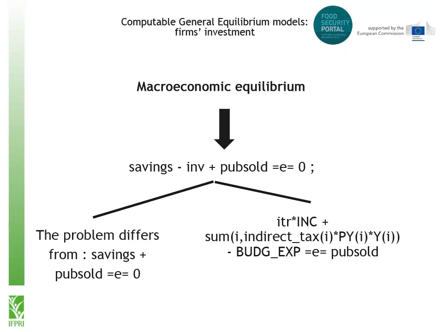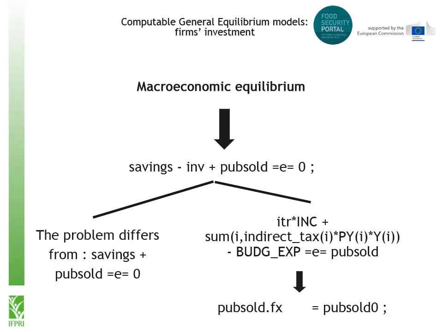So what economists are used to doing is to consider that the public sold is constant. So we write pub sold.fx is equal to the initial value of pub sold, and we consider that the public budget constraint, direct taxation plus indirect taxation minus public expenses, is equal to public sold.